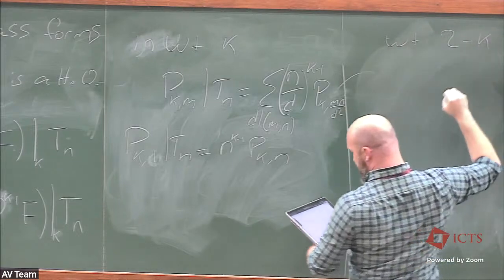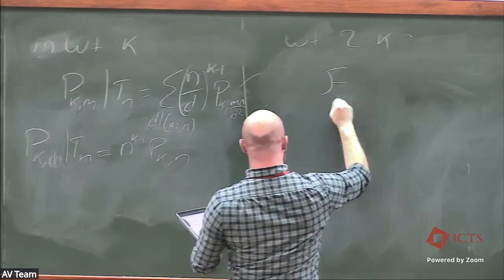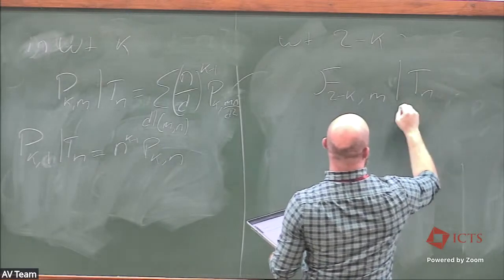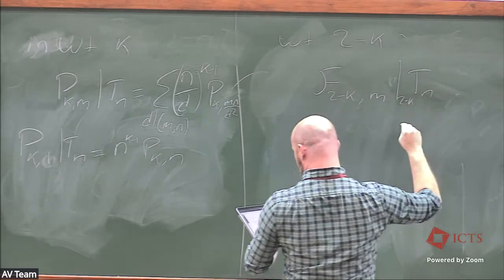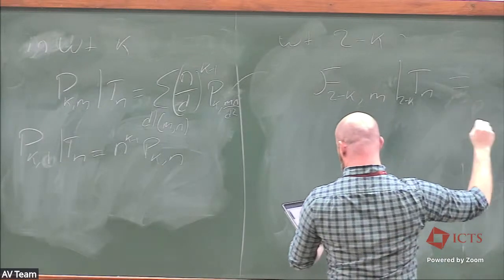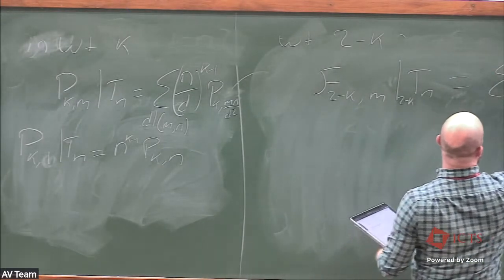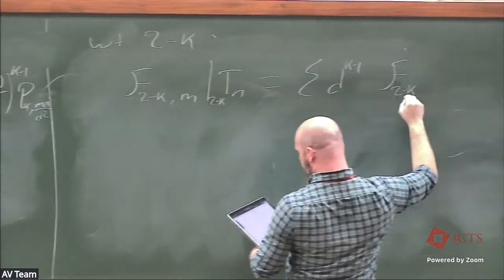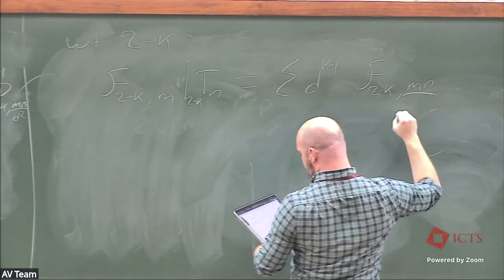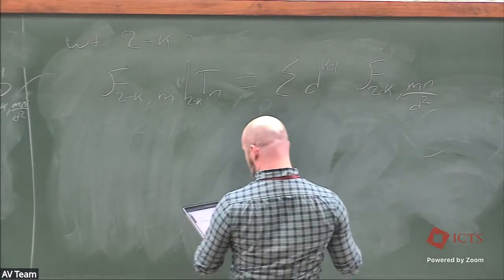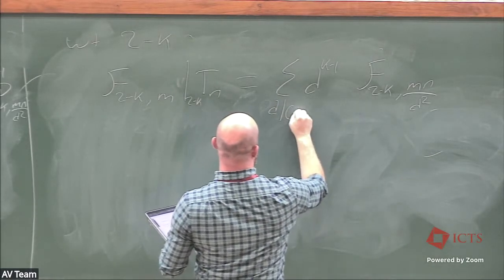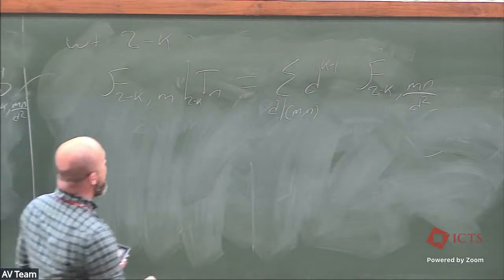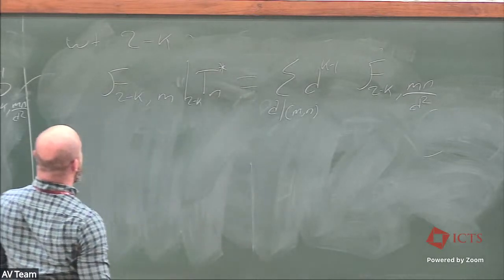On weight 2 minus k, if we start with our Poincare series P_{2-k,m} and I act on it with my Tn Hecke operator, again weight 2 minus k, my result is the sum of d^{k-1} P_{2-k, mn/d^2}, and again, d divides the GCD of m and n.